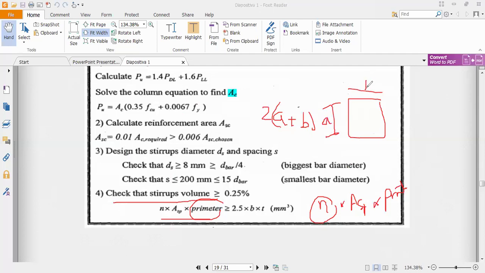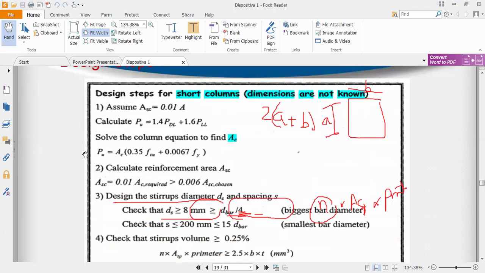This should be bigger than this relationship, 0.25% of the volume. In our problem solving, we can see all these steps. Okay. To understand, we will transfer to an example.